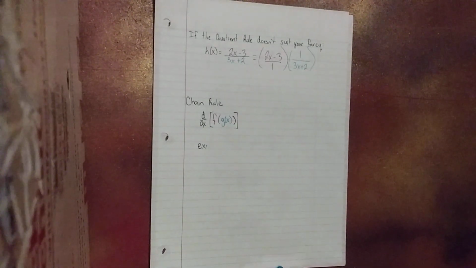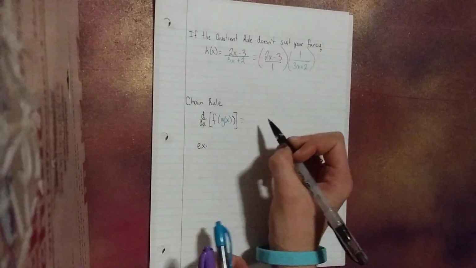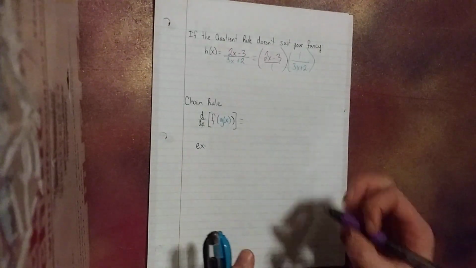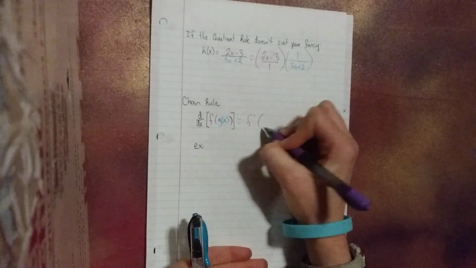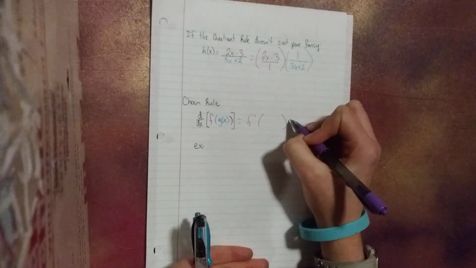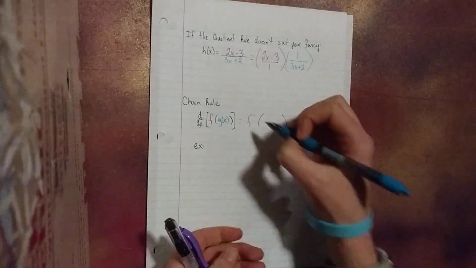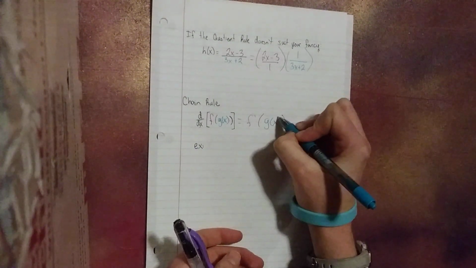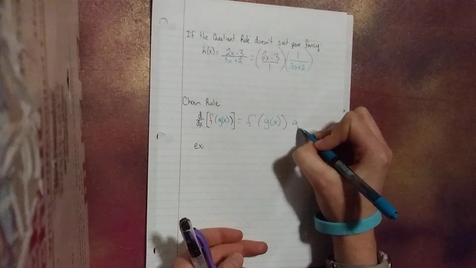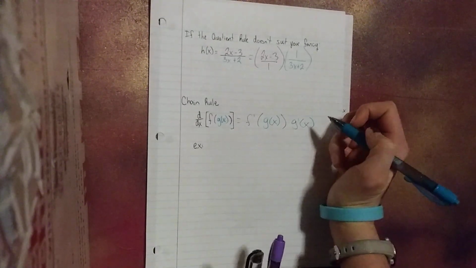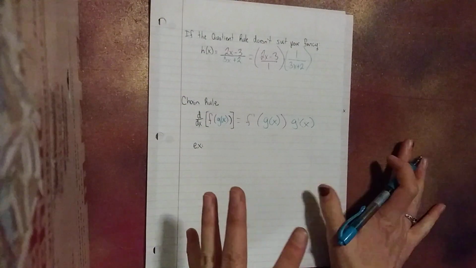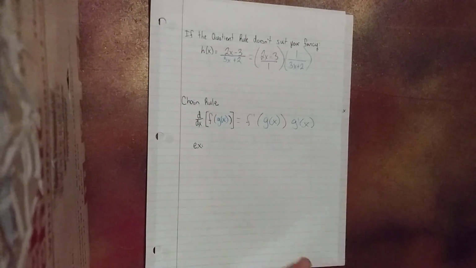So this can be rewritten as f prime of g of x times g prime of x. So it looks a little bit complex, but we're going to go over it.